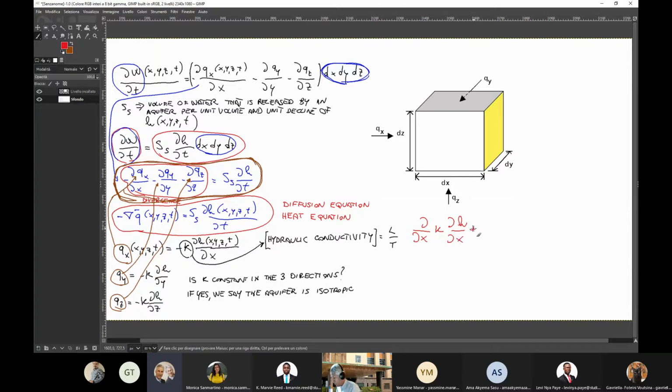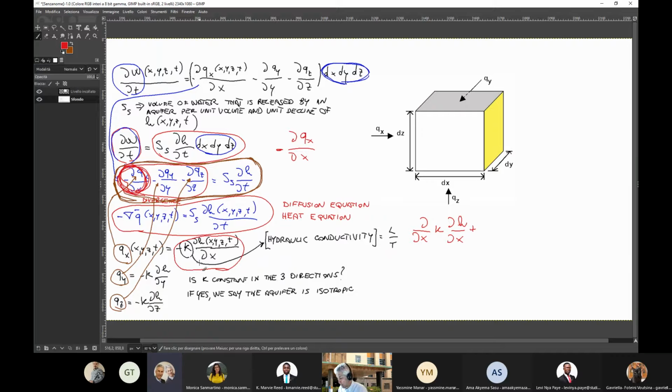The derivative of qx with respect to x has a negative sign, and I wanted to substitute with this element here.